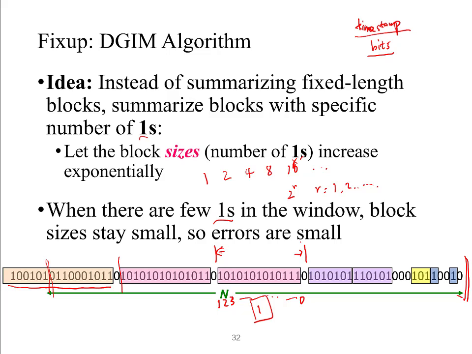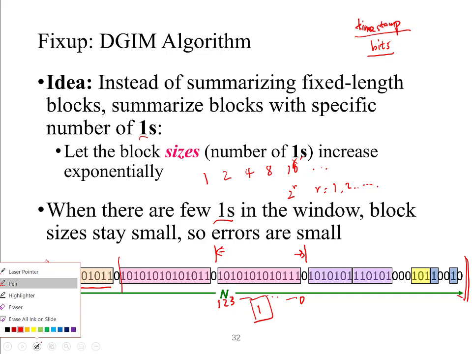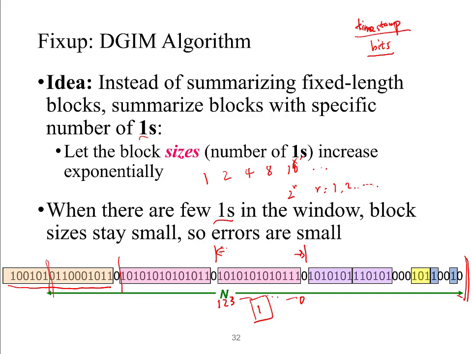Then when a new bit comes in, the window would move 1 bit to the left. So the new window would be like this. In this case, this bit's timestamp is still 2.